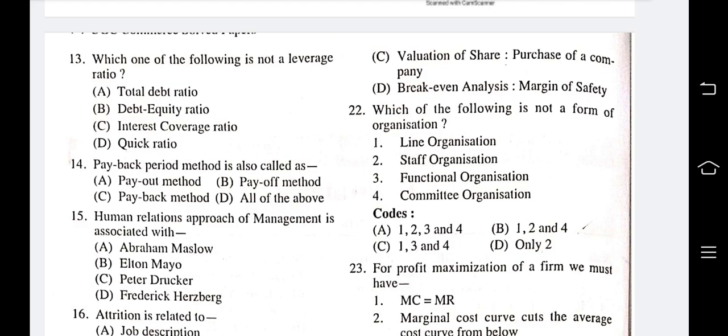This approach has its origin in a series of experiments conducted by Professor Elton Mayo and his associates at the Harvard School of Business, at the Western Electric Company's Hawthorne Works near Chicago.